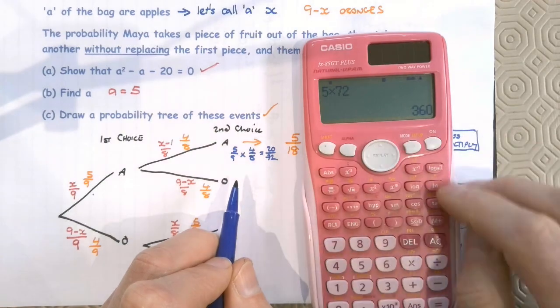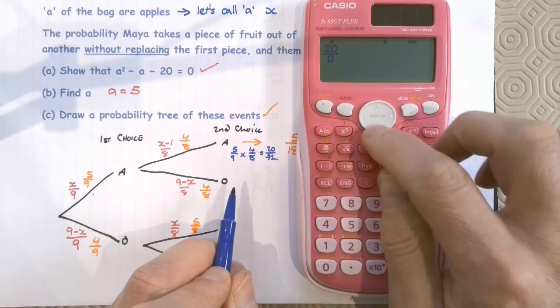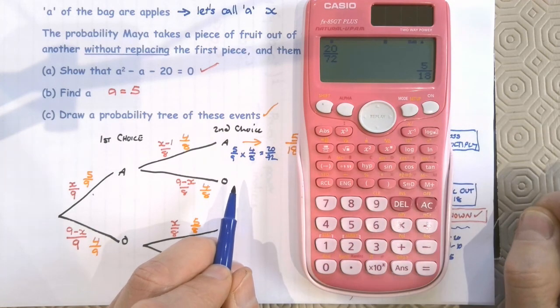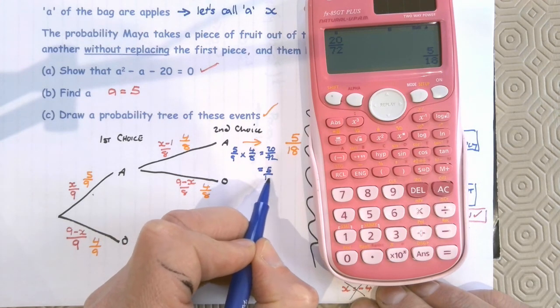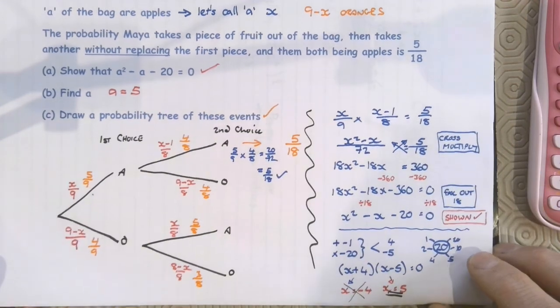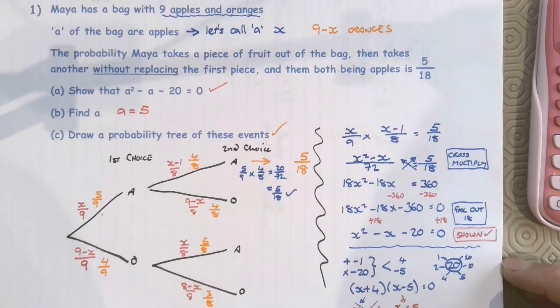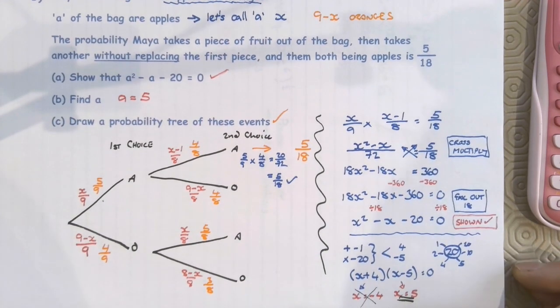But if you simplify that, you get 5/18, right? Which makes sense. So I'm going to take a snapshot of that for you, and you can have a go at some of the examples on the worksheet I'm going to send you.